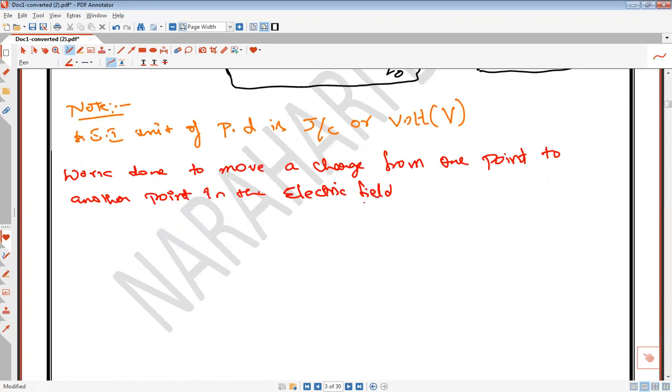Work done to move a charge from one point to another point in the electric field.